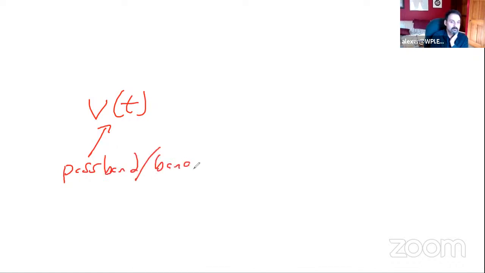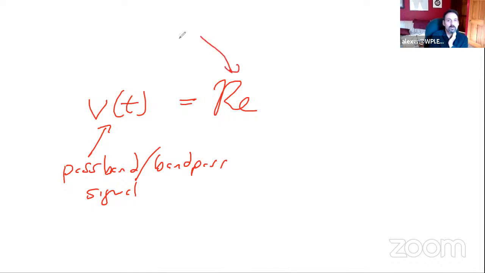This is going to slightly deviate from what you see in the slide. v(t) is your passband signal, or if you want to call it, bandpass signal or waveform. This fella here makes a lot of people nervous. This is the real operator. I'm going to get to it in a second. In the squiggly brackets is where I'm going to deviate a little bit.